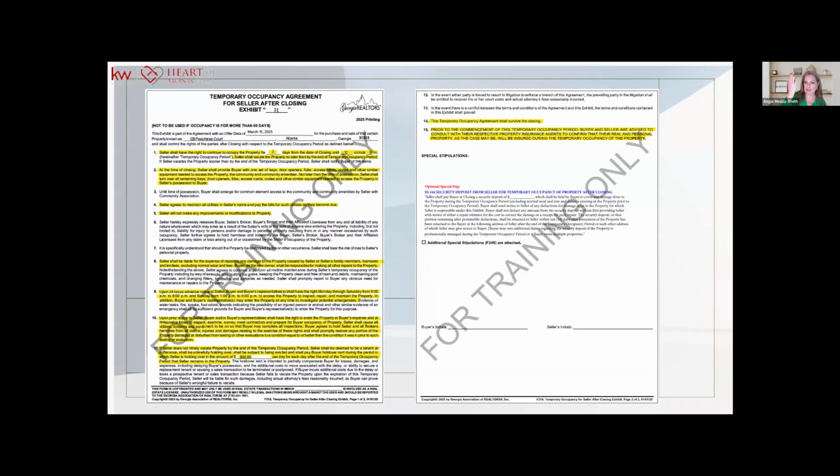When you compare how often those things happen versus how often some kind of problem occurs with a seller releasing possession a couple of days after closing, there is no comparison.